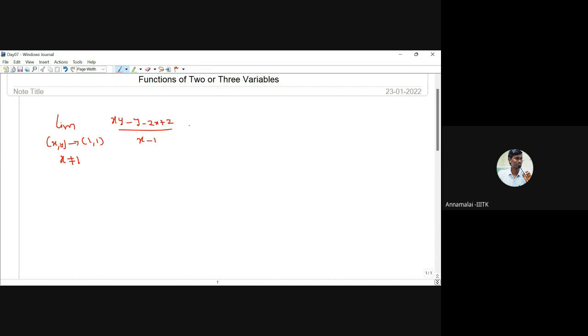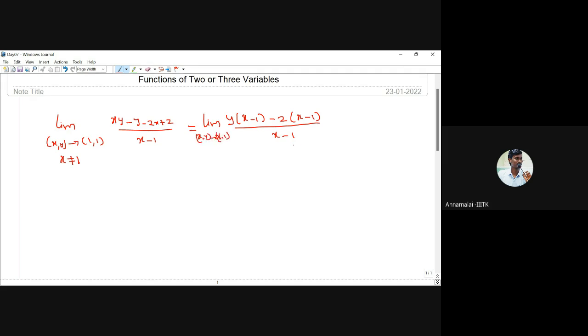So simply you can simplify the numerator. You can take y outside from the first two terms, you get y(x - 1). From the last two terms, you can take minus 2 outside, we get -2(x - 1), the whole divided by x - 1. So now you take the limit as (x, y) approaches (1, 1).